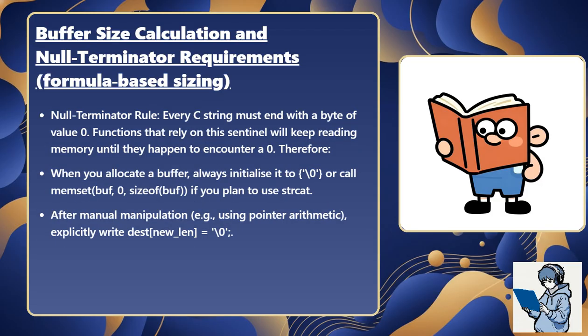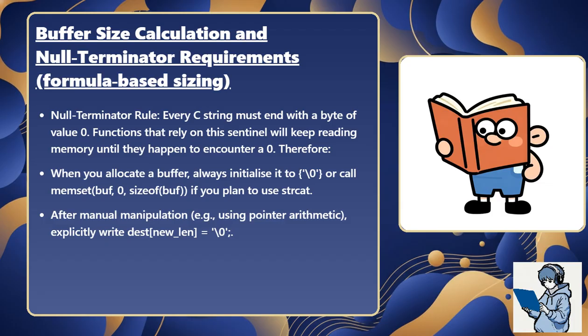Null terminator rule: every C string must end with a byte of value 0. Functions that rely on this sentinel will keep reading memory until they happen to encounter a 0. Therefore, when you allocate a buffer, always initialize it to {\0}, or call memset(buffer, 0, sizeof(buffer)) if you plan to use strcat.